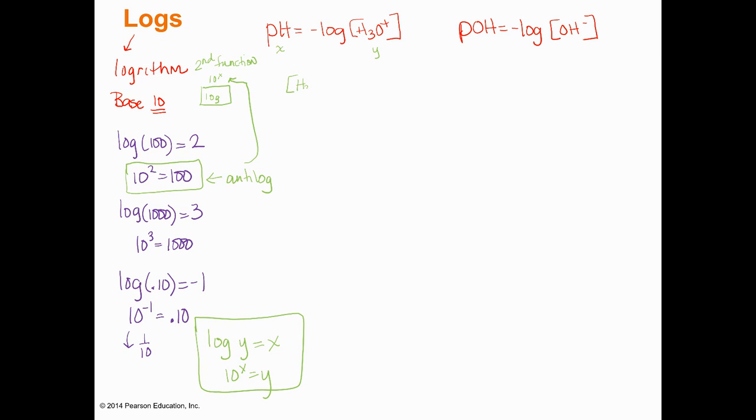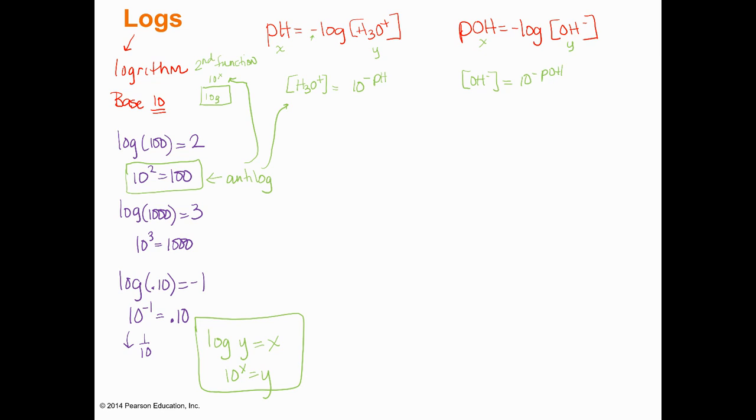So y, H3O+, equals 10 to the negative pH, because there's a negative sign there. For hydroxide, x equals negative log of y, so y equals 10 to the negative pOH. So when we solve for hydronium and hydroxide, we are actually taking the antilog.